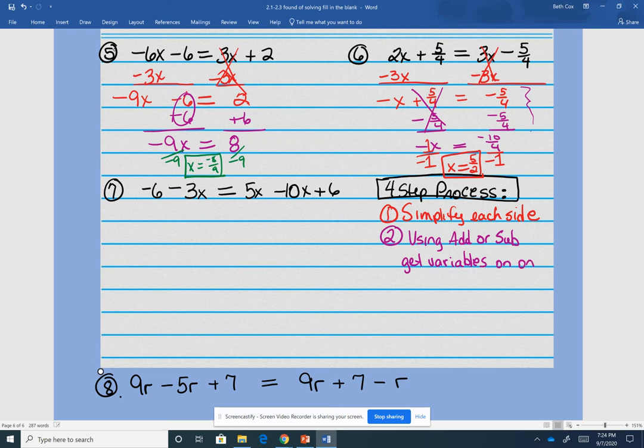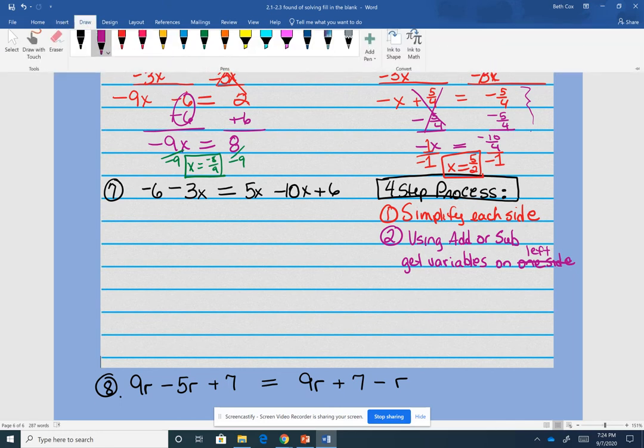Now, what I have done on this is I have always done the variable on the left. So if you want to say on the left, then that's what you do. But just so you know, you don't have to do it to the left. That is not absolutely positive, but that is what I've done. I did the variable left. So using add or subtract to get the variables on the left.